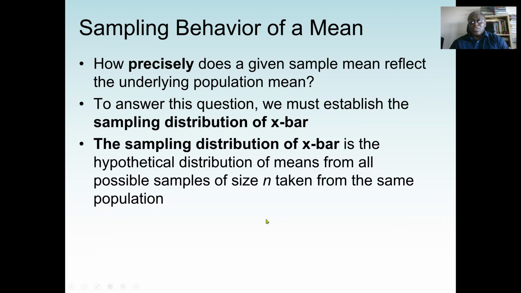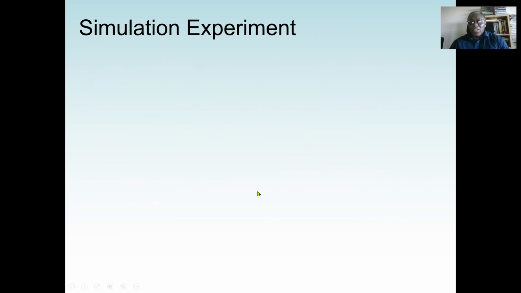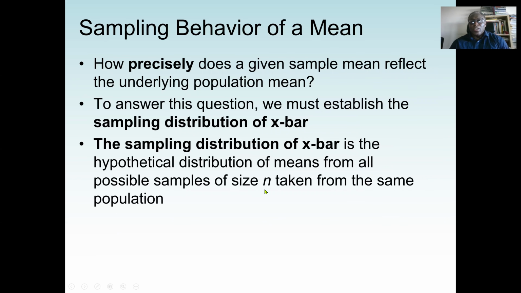For example, I have a population of 10 items, and I'm going to take 2 samples of 5, which means I'm going to use the whole population.